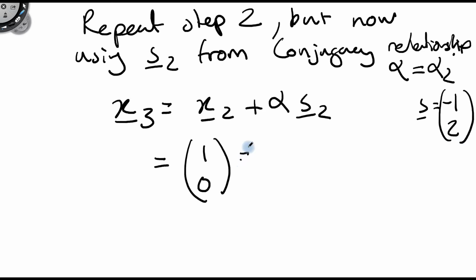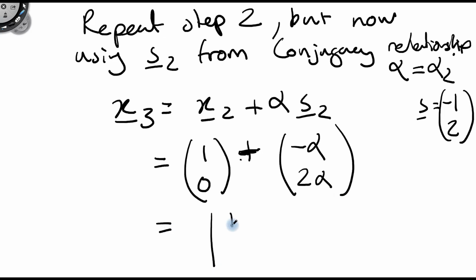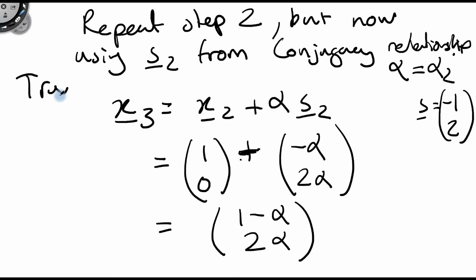So that gives (1, 0) plus alpha times (-1, 2), which equals (1 minus alpha, 2 alpha).